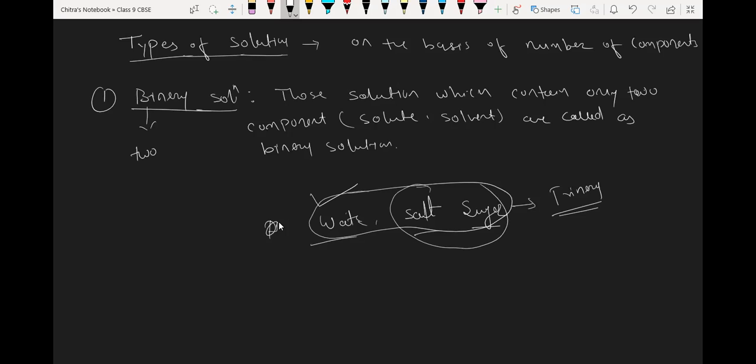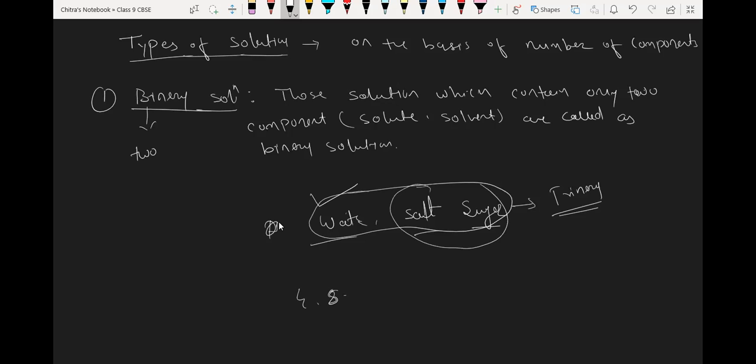Okay, sir. But sometimes what happens? Suppose those people who like vinegar. Vinegar contains 4 to 8% of acetic acid in water. So here acetic acid is going to be solute and water is going to be solvent.